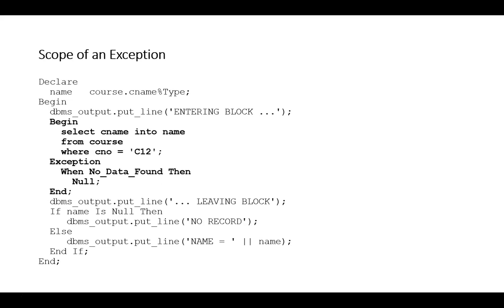Now, after dealing with the error, program execution continues. So if no error was encountered, a call to DBMS output is executed to display the name of the course retrieved. If an error was encountered, the name variable will still have its initial value of null. We test for this value and indicate that the record was not found.